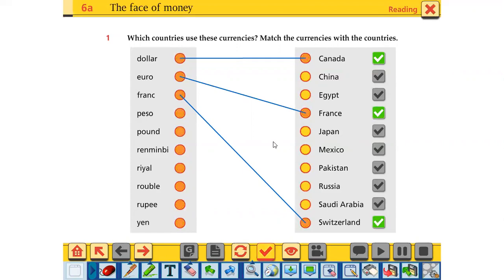This way you have to match, okay? You have in your worksheet this exercise to do. Okay, next.